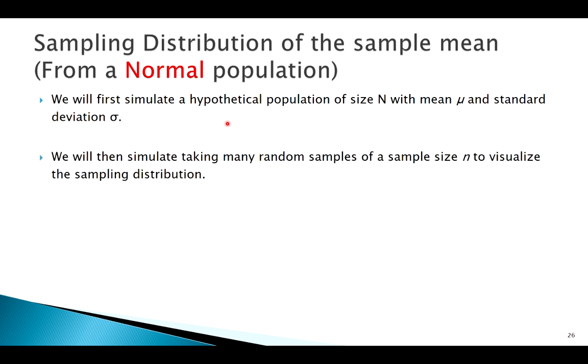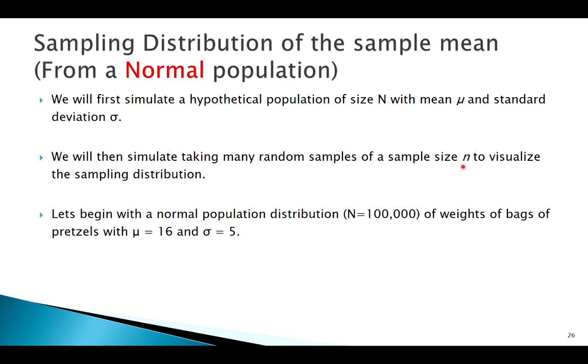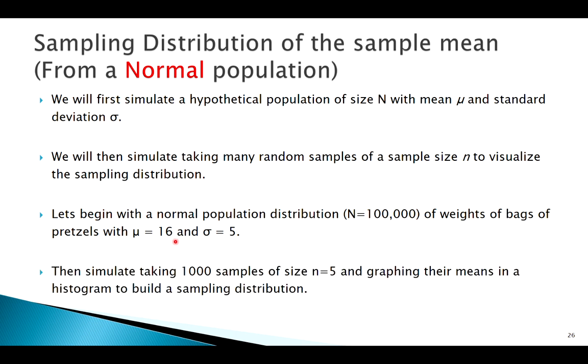Then we're going to take a bunch of samples of sample size n and build these hypothetical sampling distributions. Say our population was made of 100,000 bags of pretzels, normal population, mean of 16, standard deviation of 5. I'm going to start by taking 1,000 samples of size 5, calculating the mean of each of those samples, and then graphing them in a histogram.